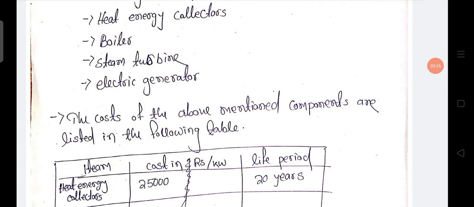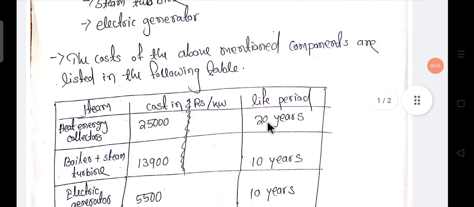So for this period, let's say 20 years, for the 20 years, this 25,000: let's say first year needed 25,000.